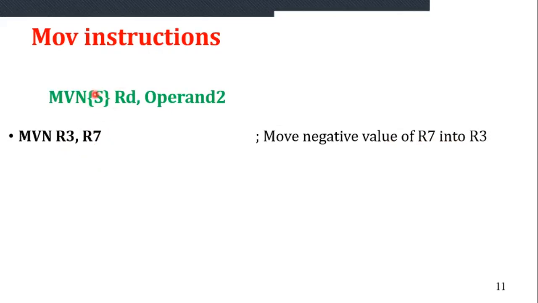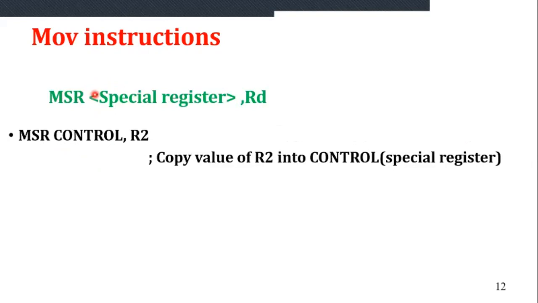Okay, next it is MSR and MRS. Two instructions come into existence, also types of move instruction. They are specially used for special registers. Here we can't use the normal registers like R0 to R15 that we discussed. We are looking at special registers like PRIMASK, FAULTMASK, BASEPRI.